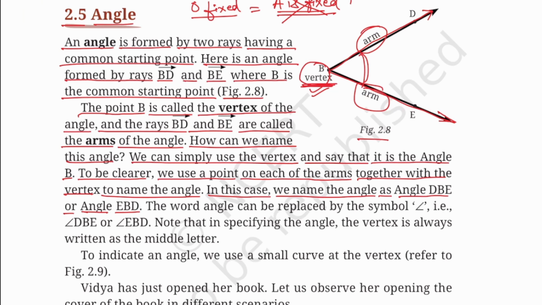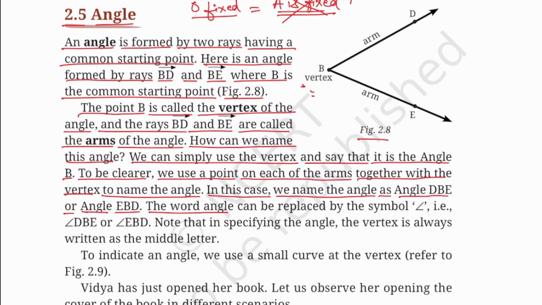Kindly note the naming of angle. This is angle DBE, or this can also be written as angle EBD.